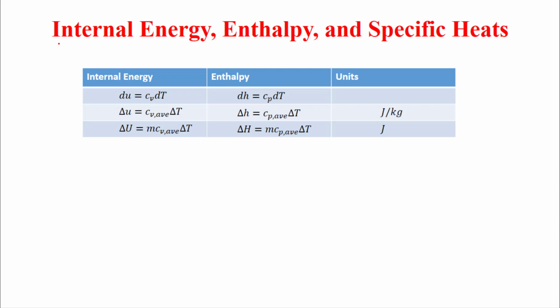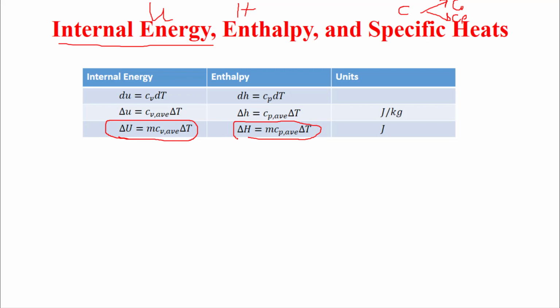Now, what is the relation between internal energy U, enthalpy, and specific heat? As we mentioned, we have two types of specific heats, CV and CP. So I'll take the last equation from each column. Here delta H, delta U. So delta U is a function of CV, and delta H is a function of CP.